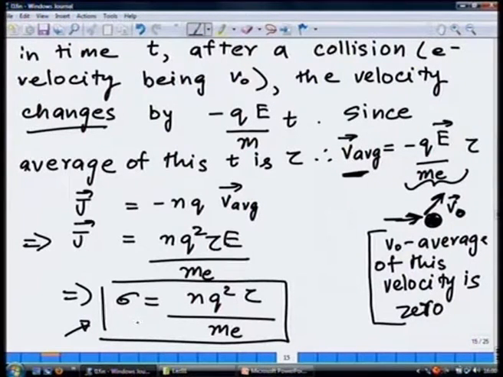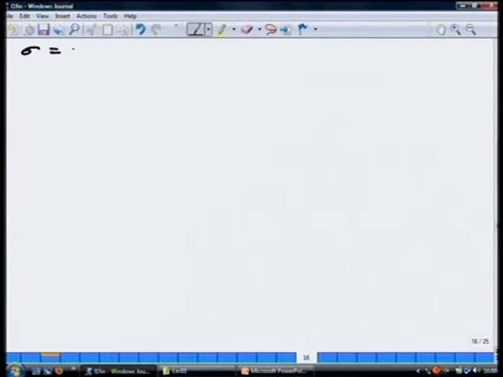Now, what have we gained? Let us start looking at sigma. We wrote it as n q square tau by m. What have we gained?